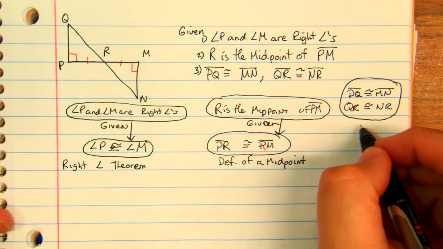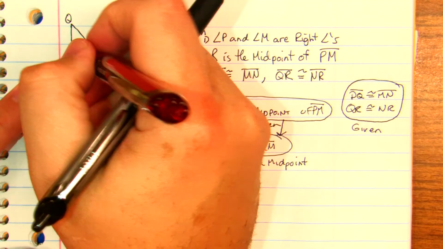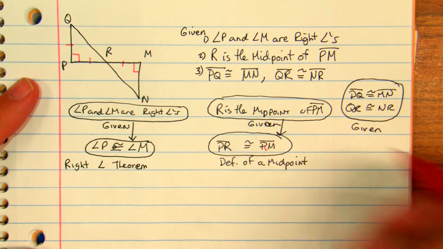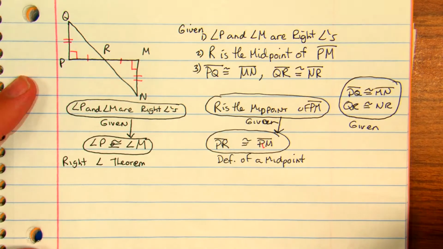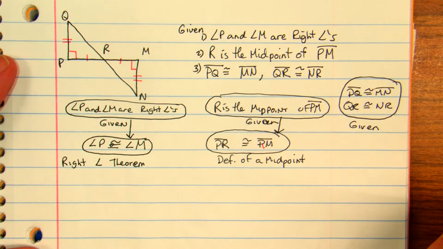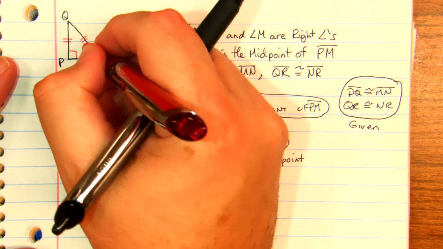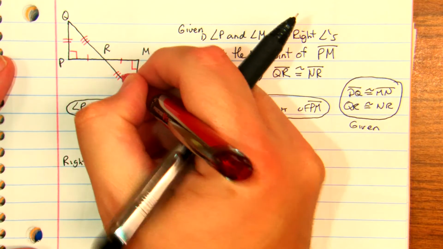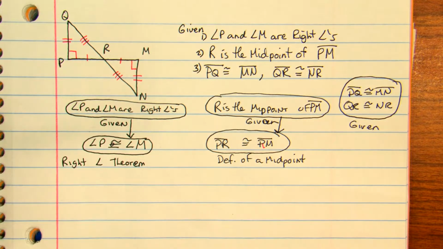That's given. So PQ and MN, I have to put 2 marks there. And then QR and RN. Alright, can I say the triangles are congruent now?